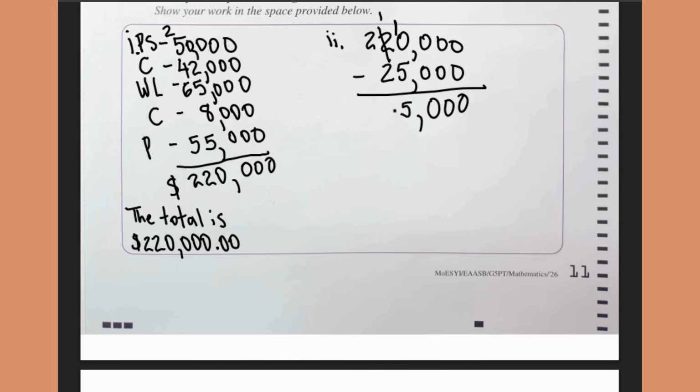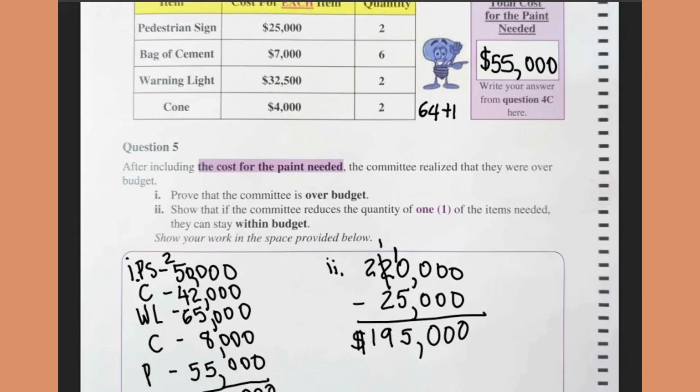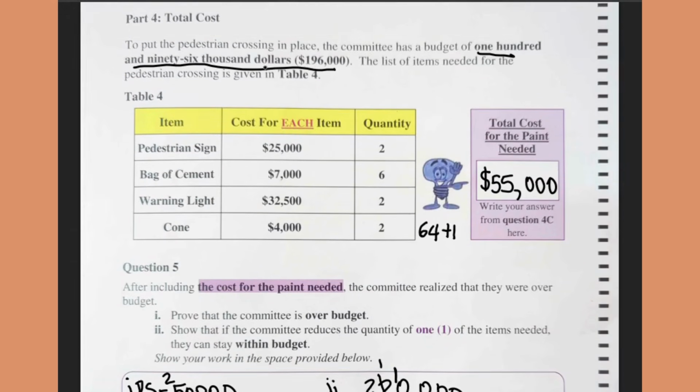And then 2 from 21, that's 19. So now we have 195,000. And now we are within the budget because the budget is 196,000.